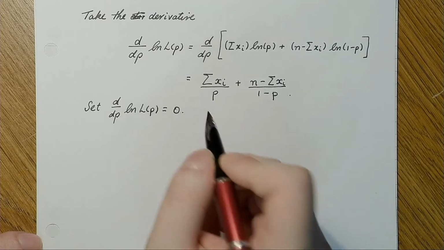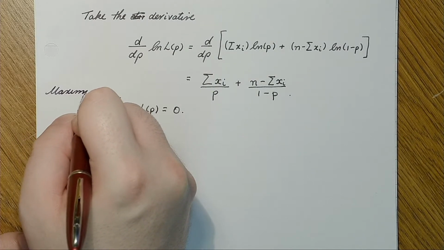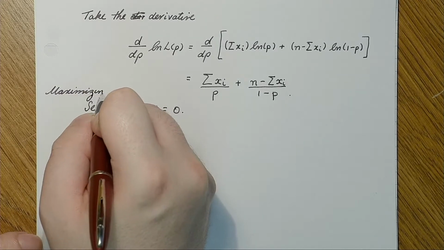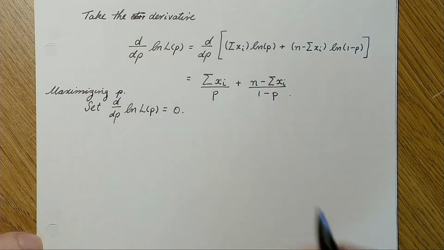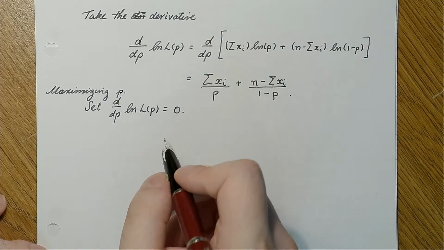Equal to 0. So maximizing p, we're going to set that equal to 0.